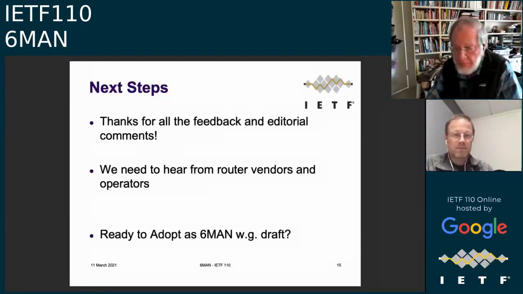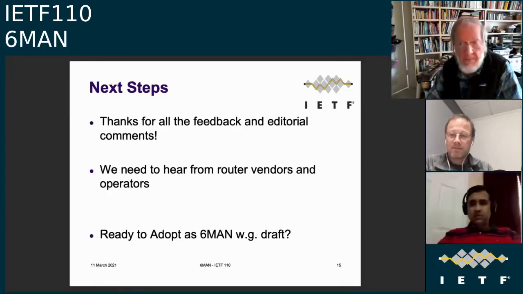Is it possible to allow maybe a few more options in a limited domain? This may also help to encourage flexibility in using this extension header for wider applications. Yeah. Okay, thank you. Suresh, please go ahead.